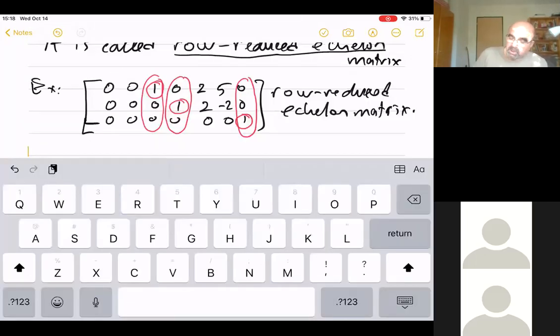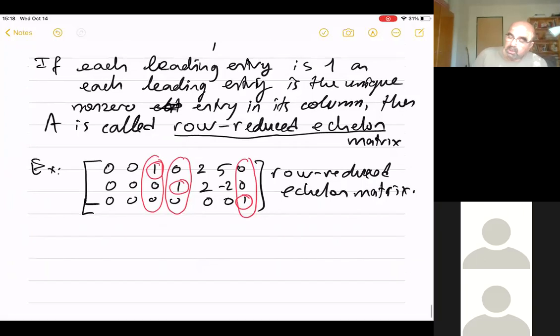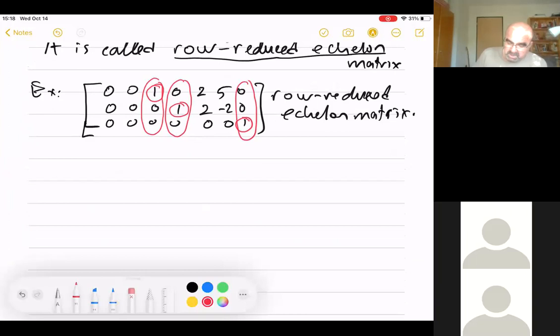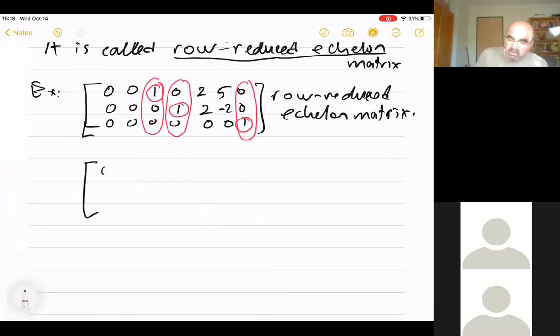And for example, if you have one non-zero element, let me change this to something like this. This is almost the same matrix, except this one.